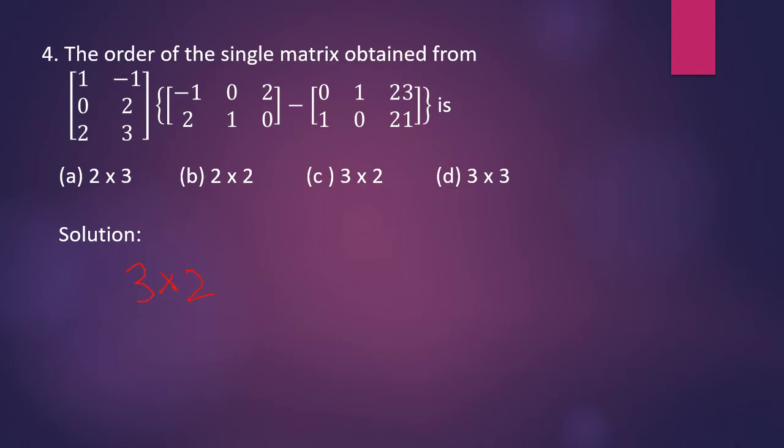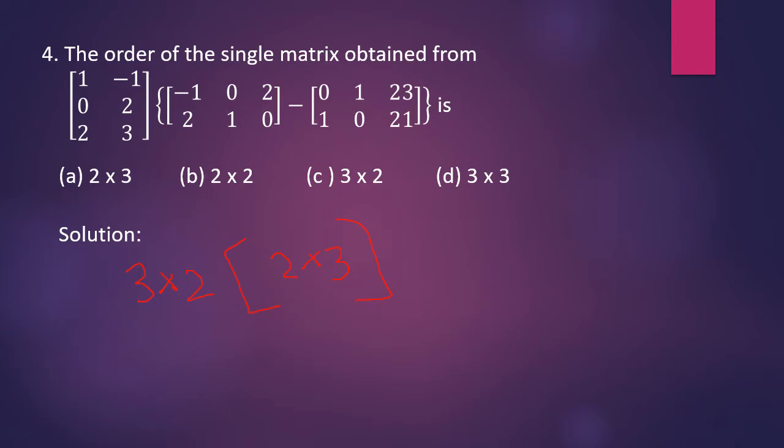Then the next one. For these two, the subtraction is possible only when the order of the matrices are same. There are 2 rows and 3 columns, so this is 2 by 3 and the next one is also 2 by 3. Therefore, the order of the matrix within this flower bracket, I can consider 2 by 3.